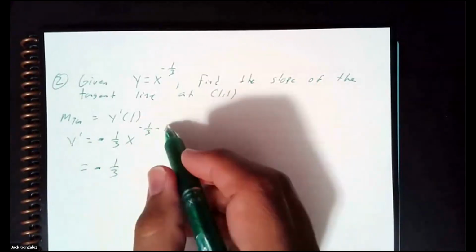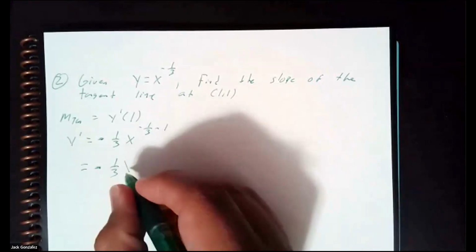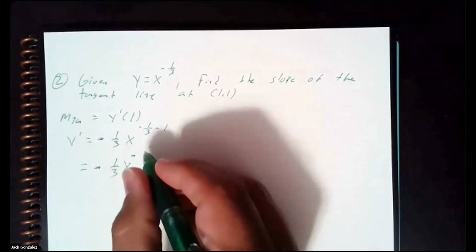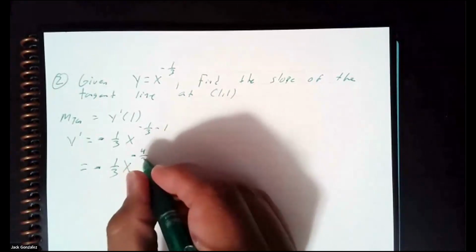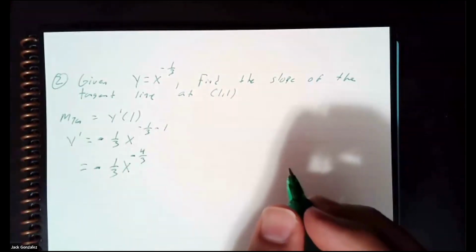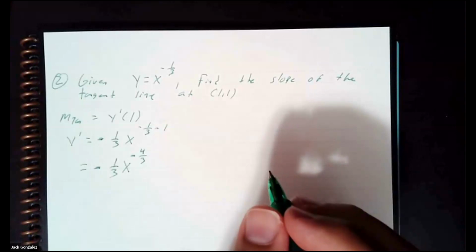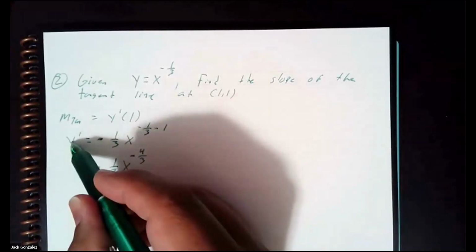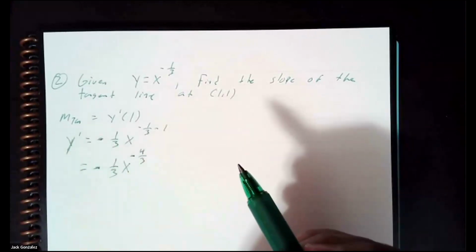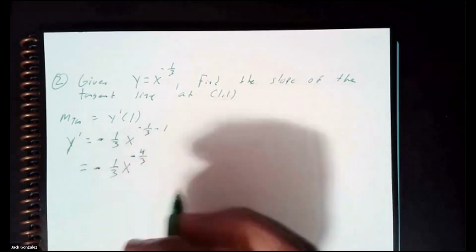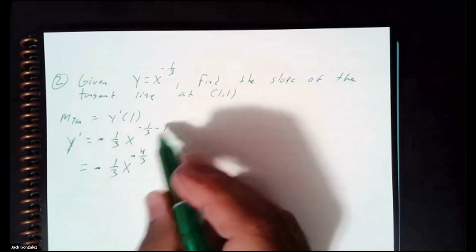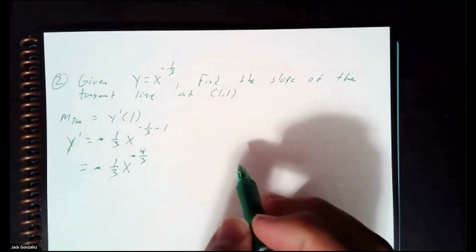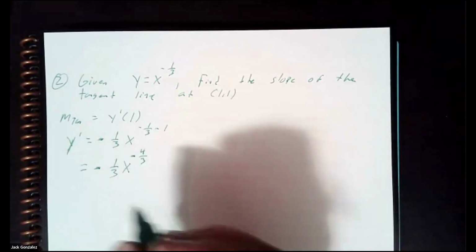So negative 1/3 minus 1 is negative 4/3, right? Yes. So we have the derivative, much easier than the limit process, right? Yeah, definitely.